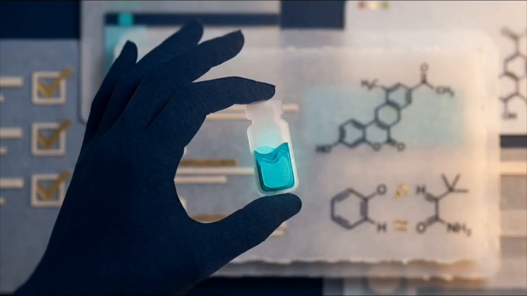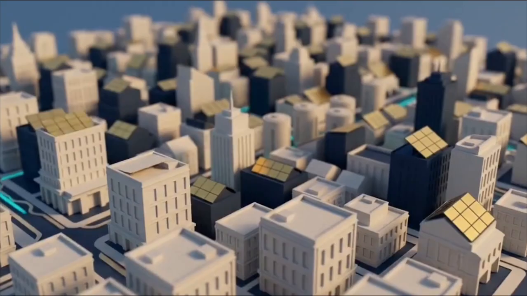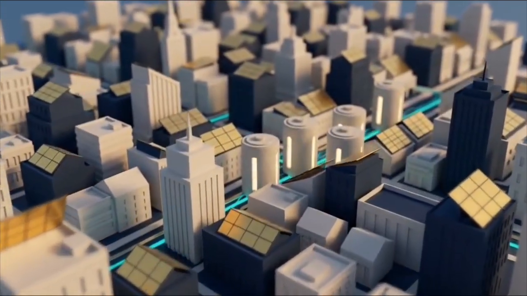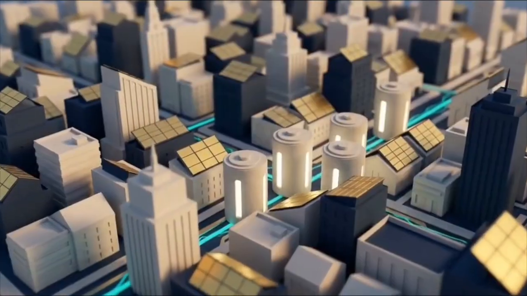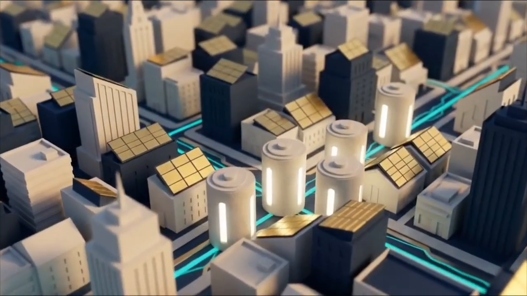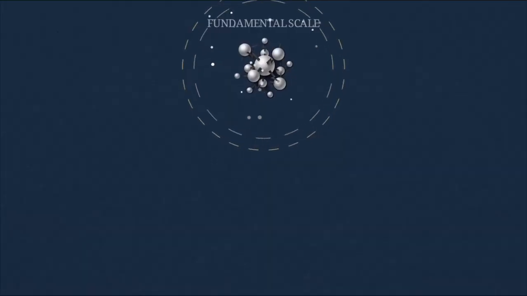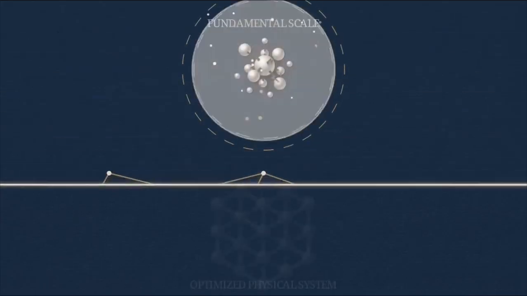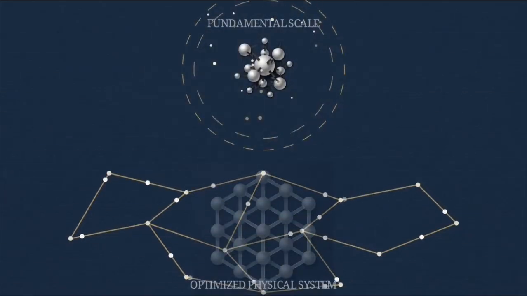This allows researchers to identify promising treatments without the trial and error of classical simulations. In material science, these simulations can map the molecular interactions required to design more efficient solar cells and high-capacity battery technologies for the energy grid. By calculating the behavior of matter at its most fundamental scale, we are gaining the tools to optimize the physical systems our society depends on.